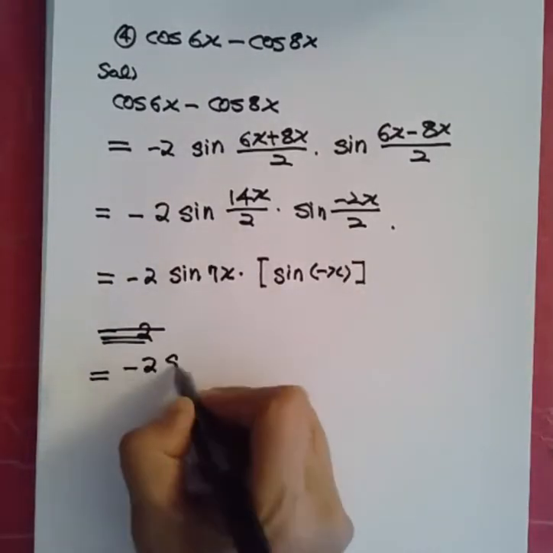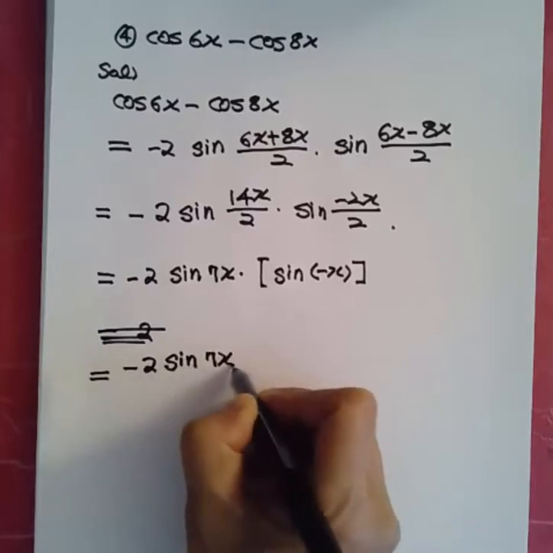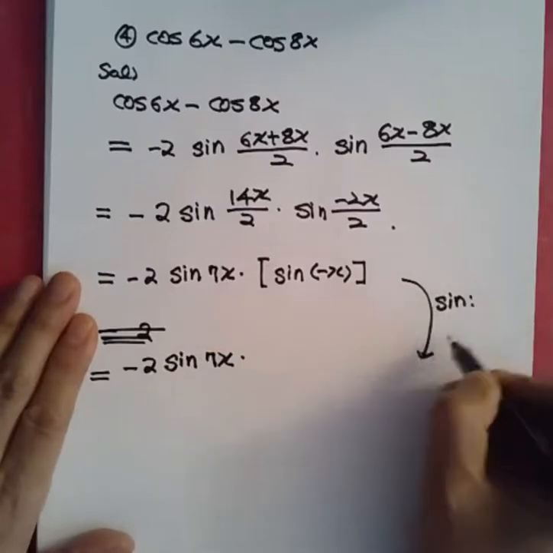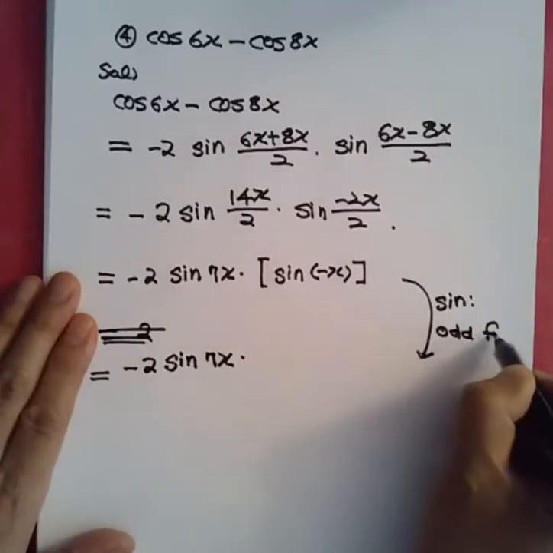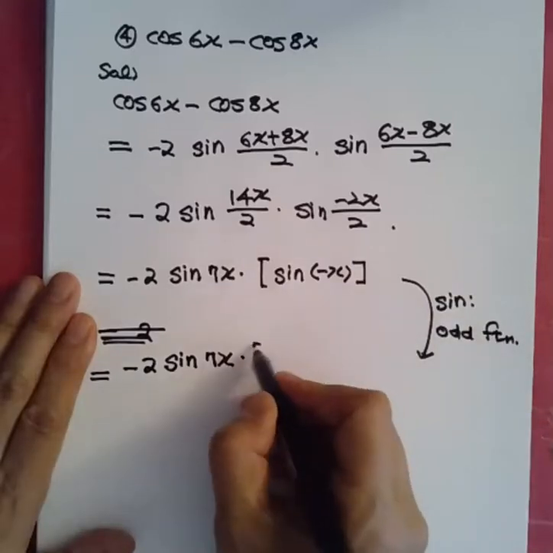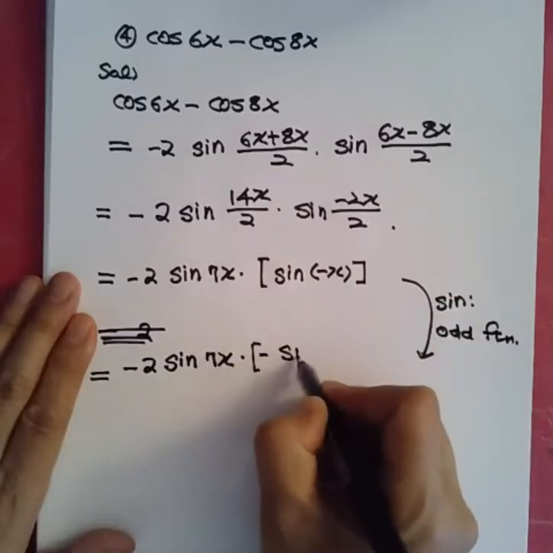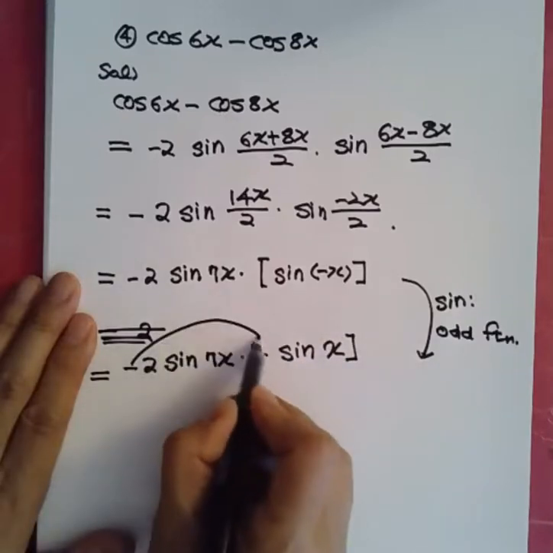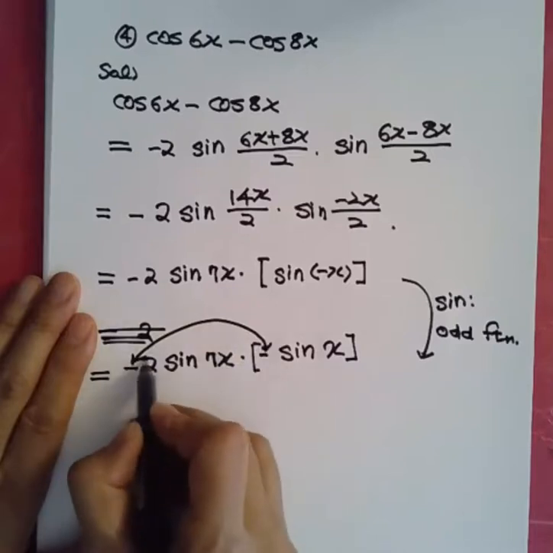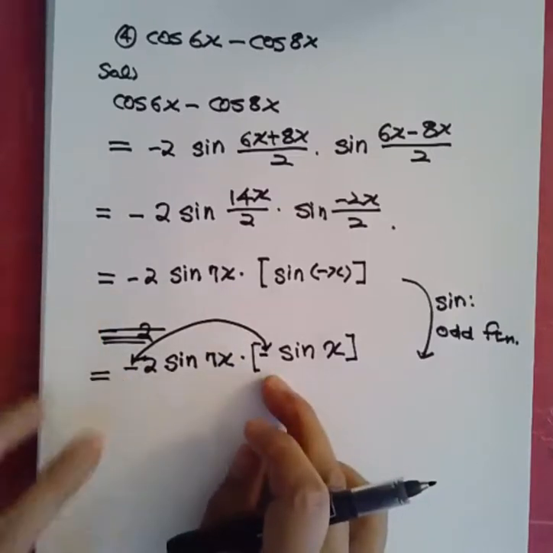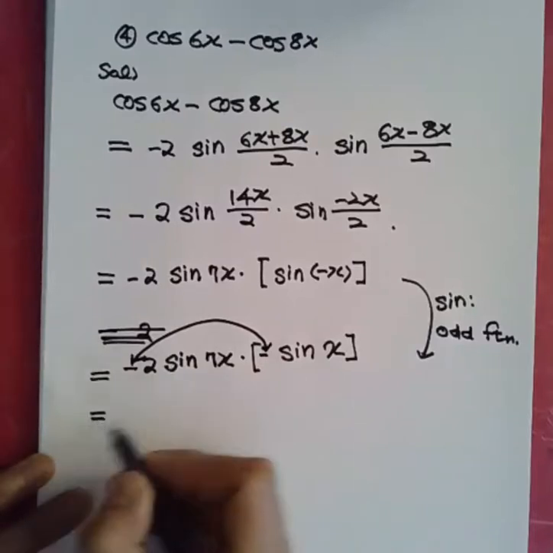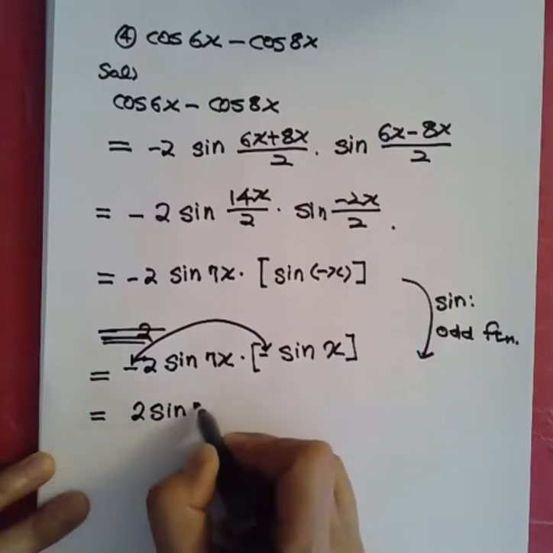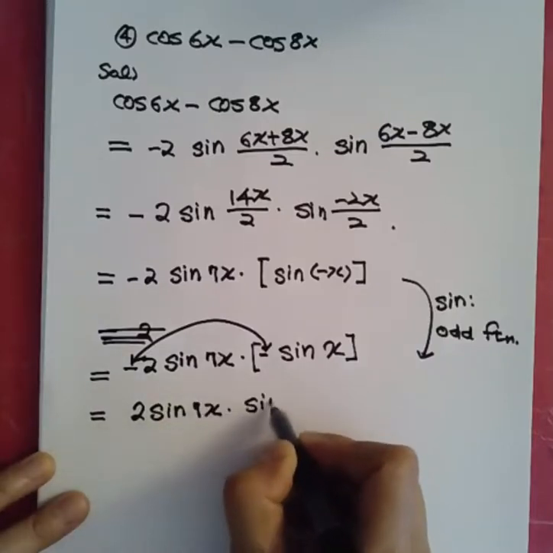Sine is an odd function, so we can write it as minus sine of x. Minus times minus will be plus, so the final answer will be 2 times sine of 7x times sine of x.